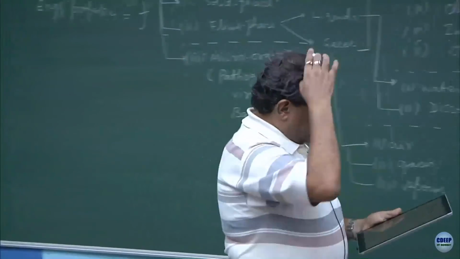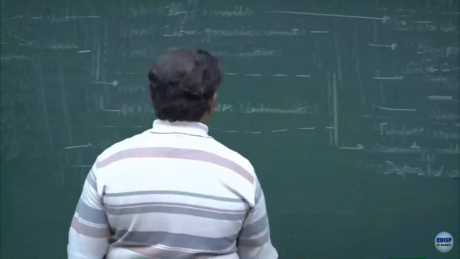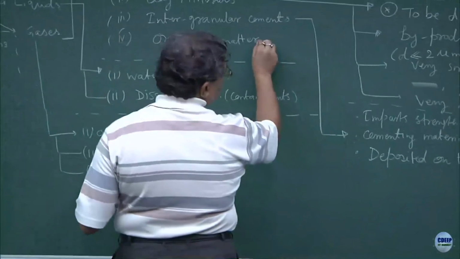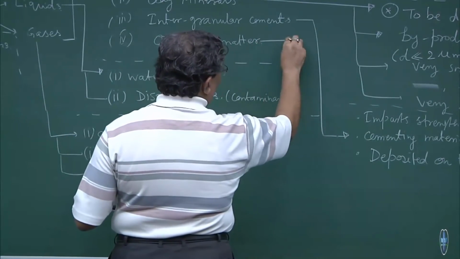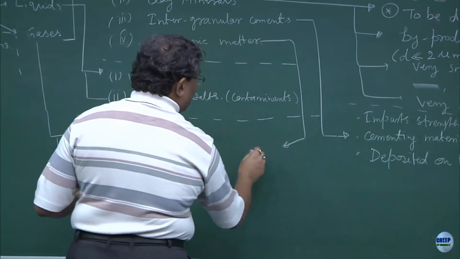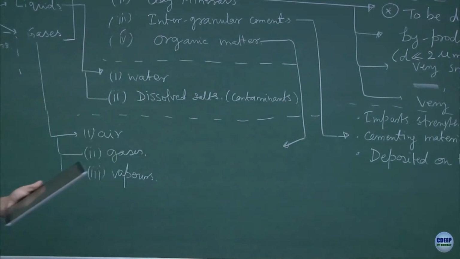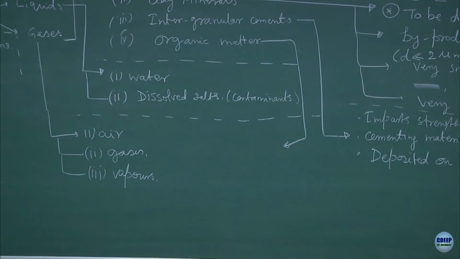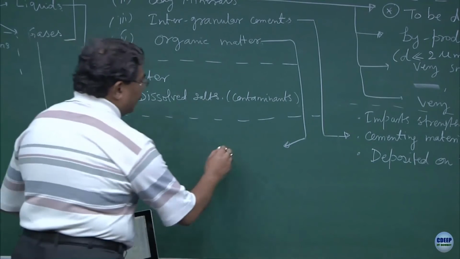Now comes the organic matter. So, most of the time the organic matter is derived from the plants and vegetation.